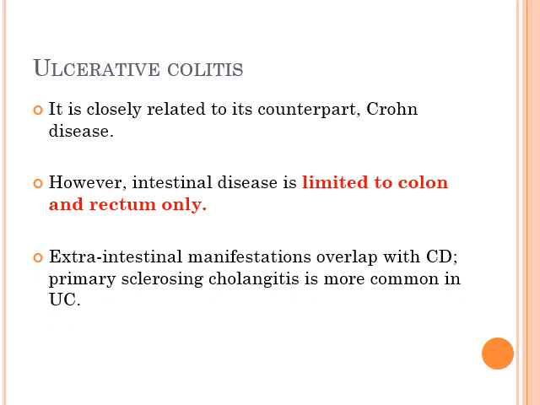The extraintestinal manifestations are almost the same as in Crohn's disease, but there is one extra manifestation that may occur here, primary sclerosing cholangitis, which is more common in ulcerative colitis.